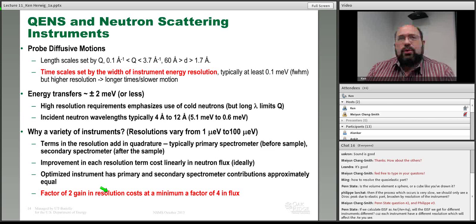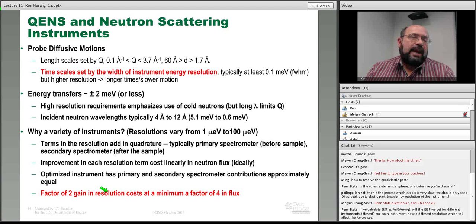So in order to improve the resolution by a factor of 2, you have to improve your knowledge of the incident energy of the neutron as well as its scattered energy. And so in order to improve by a factor of 2, you have to improve the energy resolution by a factor of 4. And the only way you do that on a well-optimized instrument is by throwing away flux.